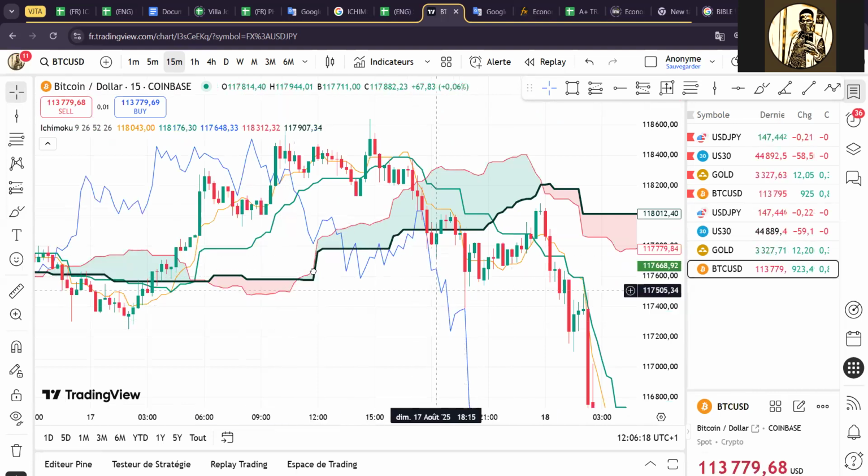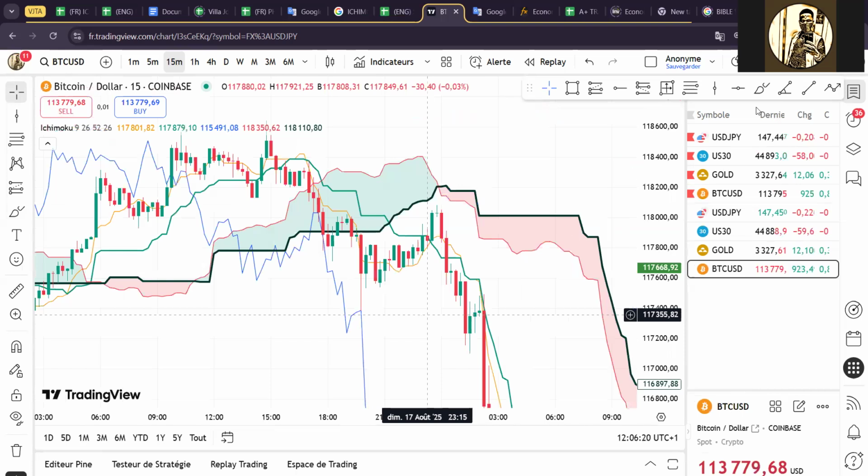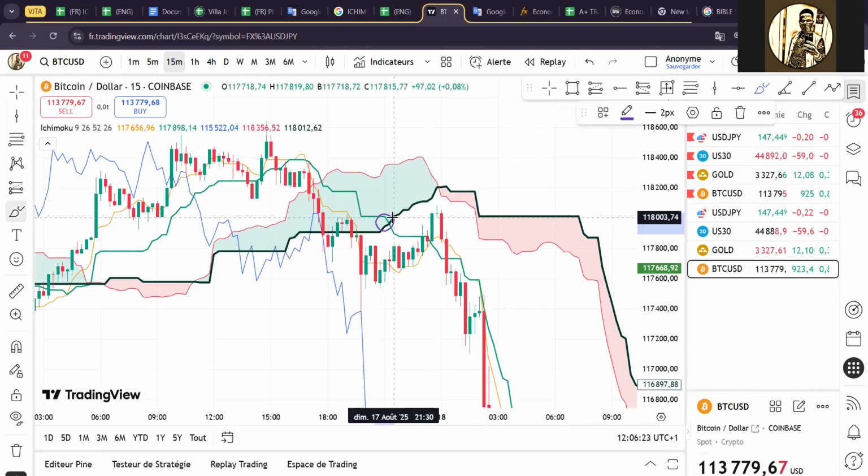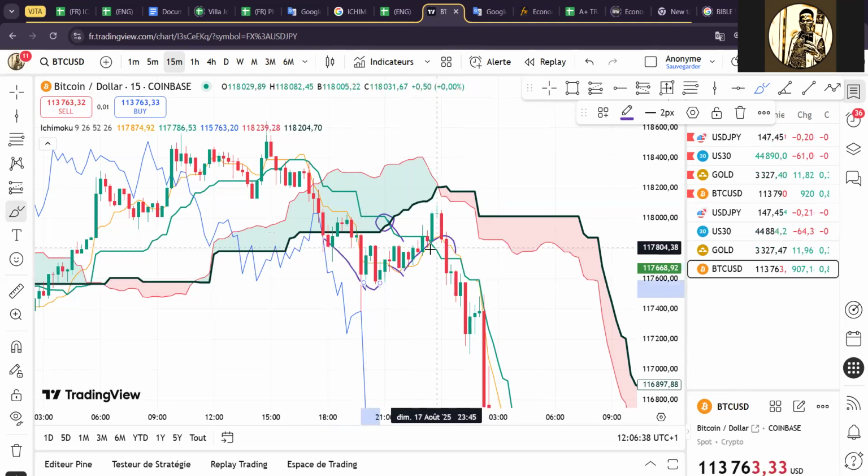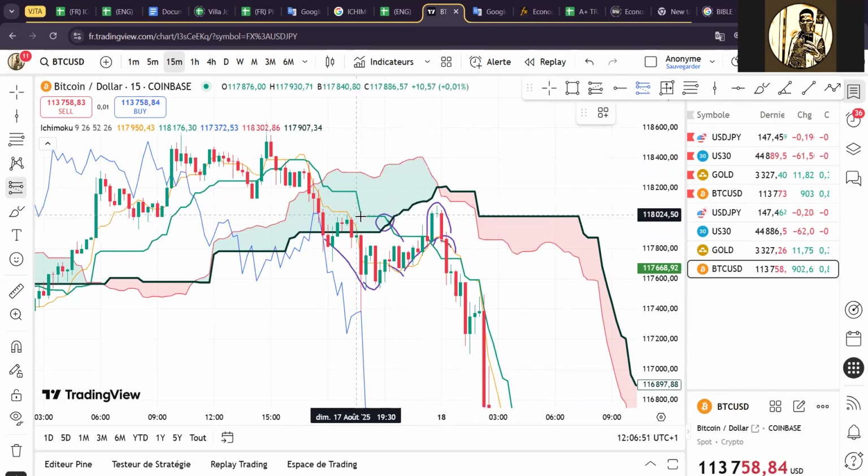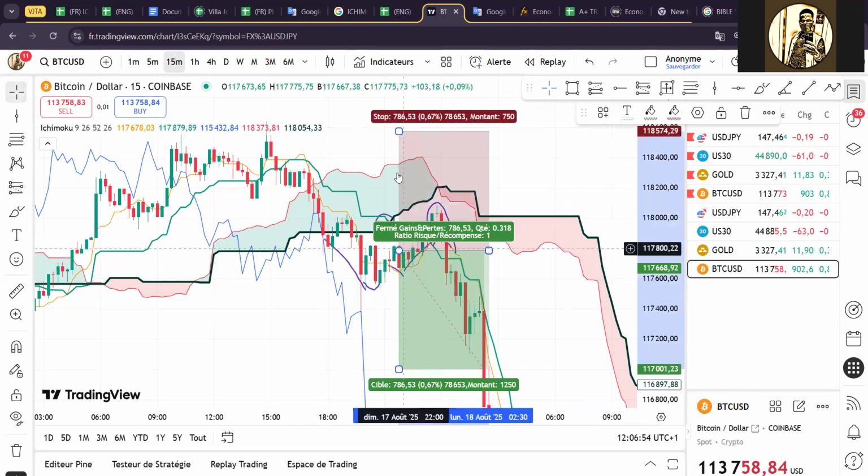So this is one example in Bitcoin. Normally this is KSB, right? Going down. Okay. Tenkan is on the same side, below Kijun. But you realize that Tenkan will go back up doing an inverted cross. Like the cross was to the downside, now the cross is to the upside. And this configuration makes the price retrace a lot. So you can have this KSB and then you enter this candle, you sell.